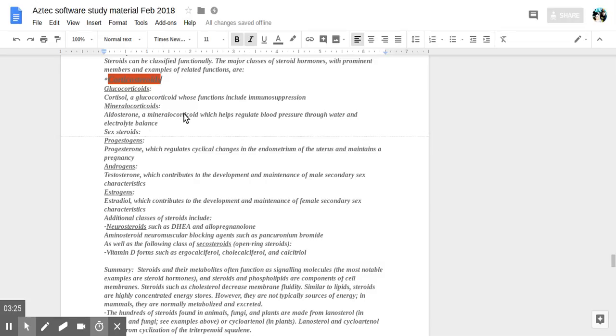Mineralocorticoids, for example aldosterone, which helps regulate blood pressure through water and electrolyte balance.